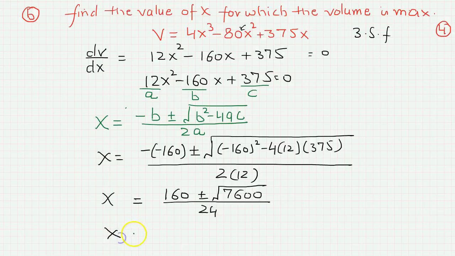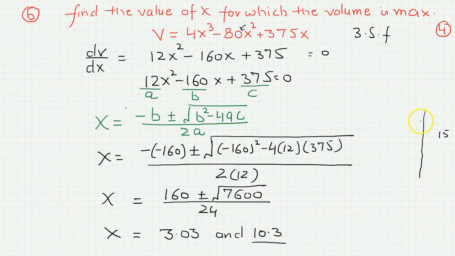So the values of x, up to 3 significant figures, are 3.03 and 10.3. Now 10.3 cannot be the value of x. The reason is this side is 15 and we have cut 2 parts.